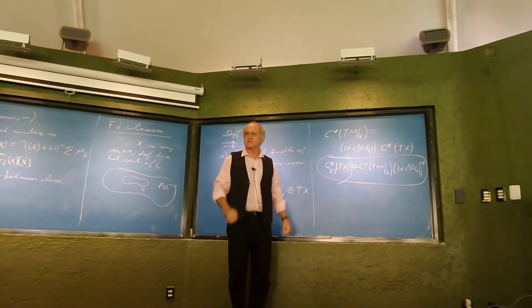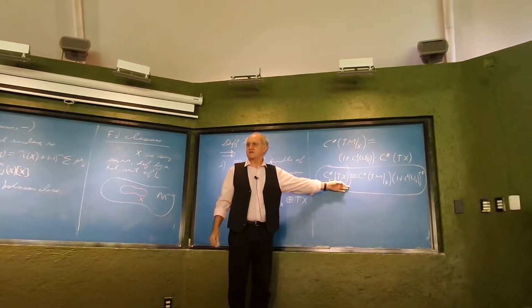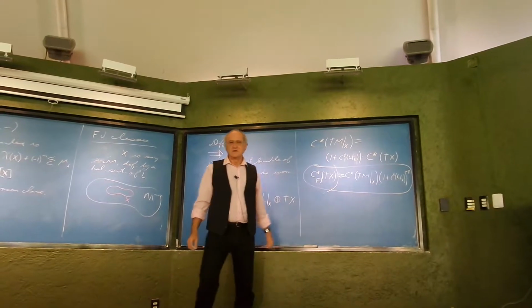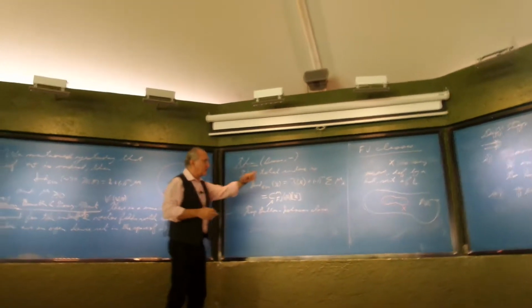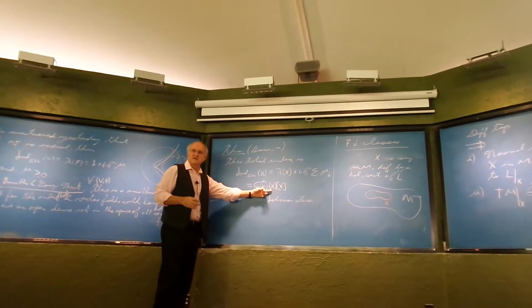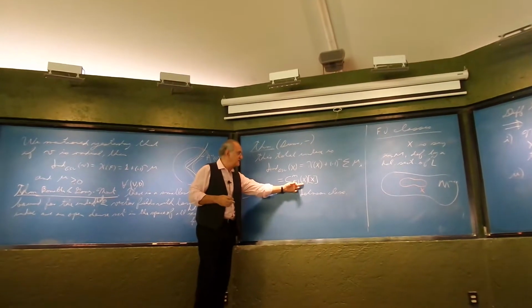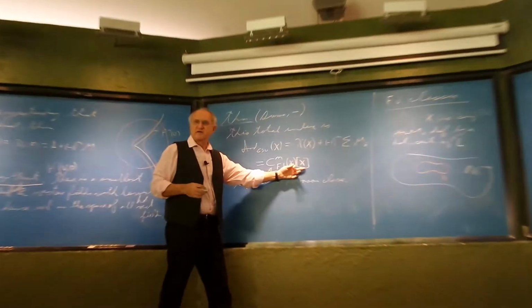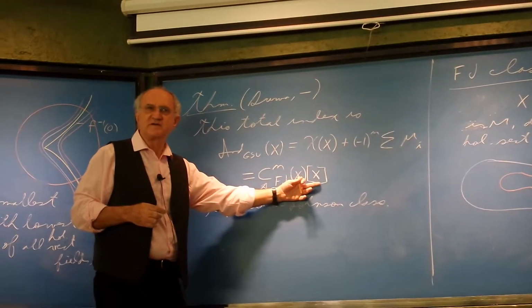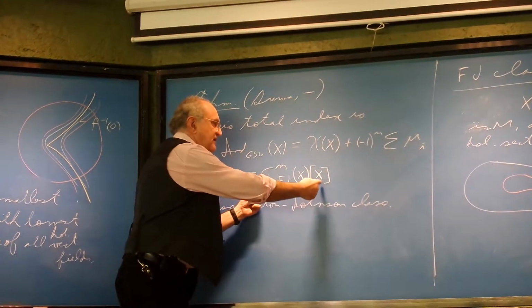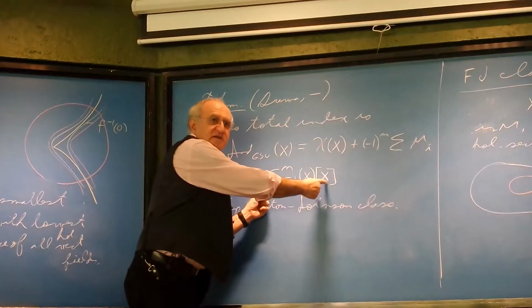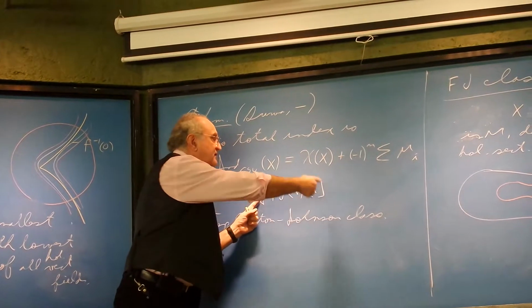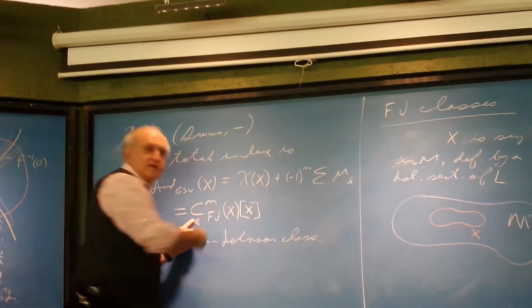And you have the Fulton-Johnson classes for singular varieties. And then the theorem I proved with Seade is that the top one is a class in cohomology. In cohomology, you evaluate it on the orientation cycle. That's the Poincaré morphism. This gives you something in the homology of X in dimension 0, which is the integers. So this thing is a number, and this number turns out to be exactly this number.